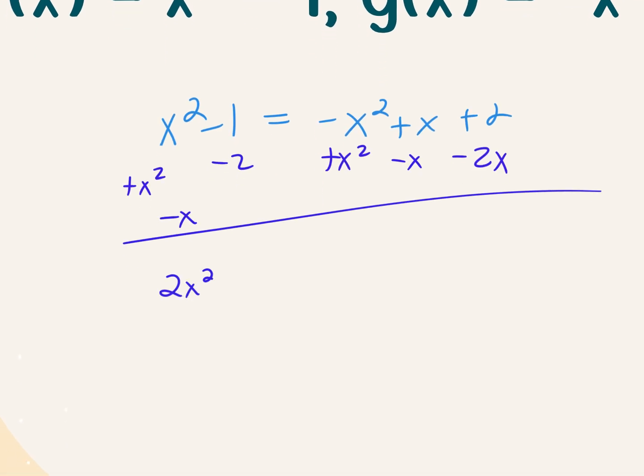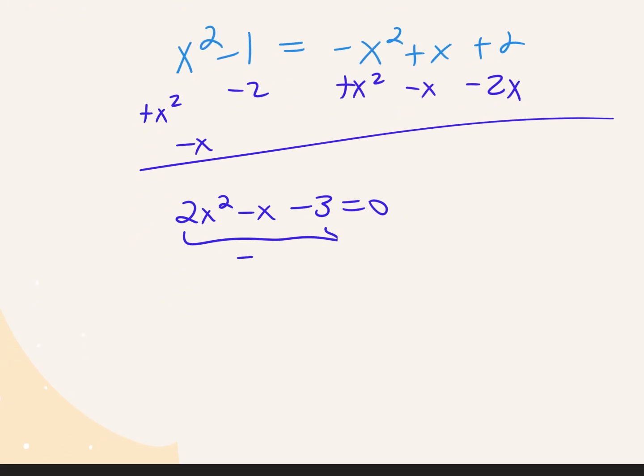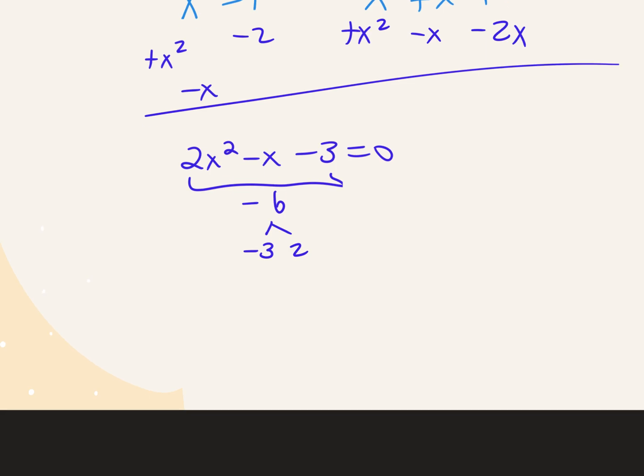So 2x squared minus x minus 3 equals 0. You guys agree? Okay, so 2 times -3 is -6. What are the factors of -6 that multiply to give you -6, add to give you -1? -3, positive 2. So 2x squared minus 3x plus 2x minus 3 equals 0.